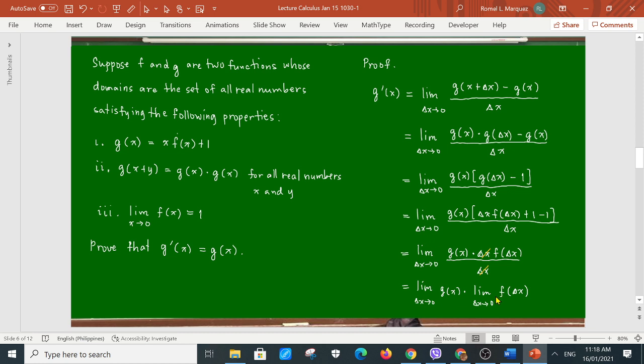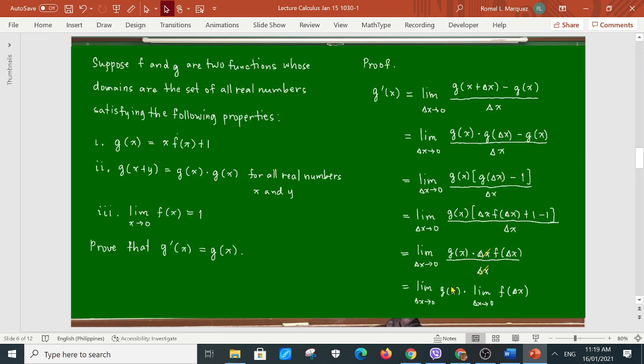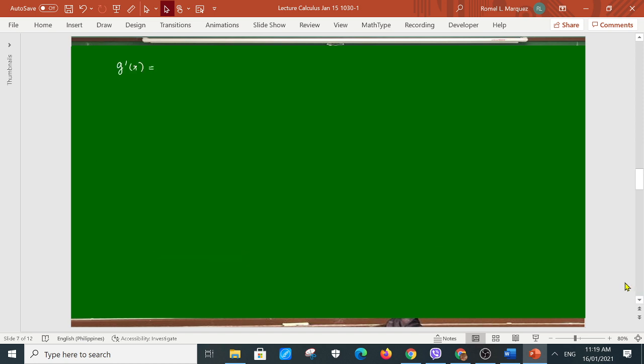But this limit takes the form of the third property. Our x is delta x: the limit of f of delta x as delta x approaches 0 satisfies the limit of f of x as x approaches 0, which is equal to 1. So we now have g prime of x equal to the limit of g of x, which is considered constant relative to delta x, since delta x is our variable.